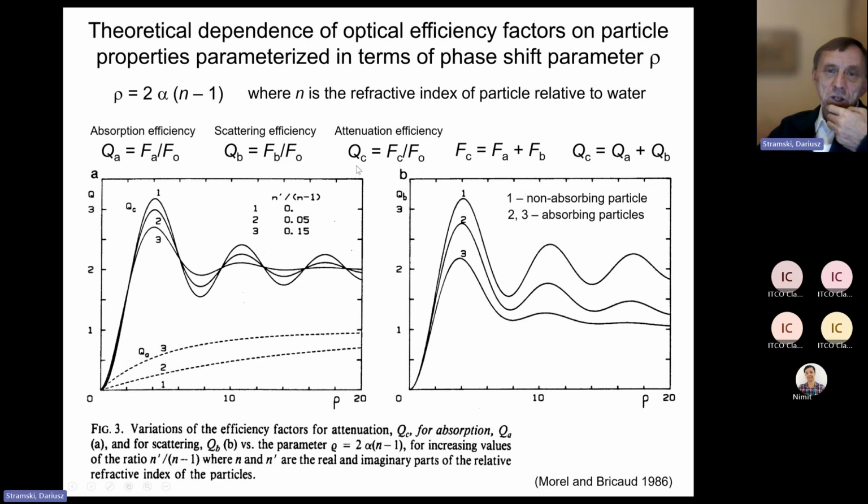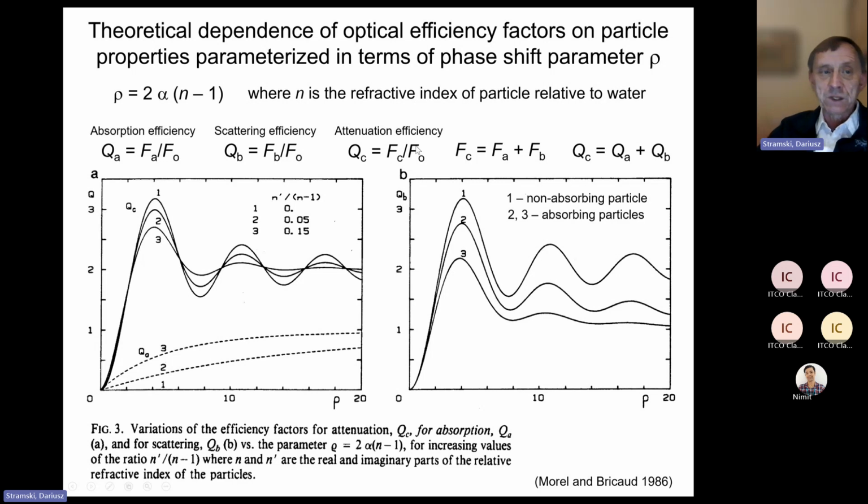So attenuation efficiency is simply the ratio of the power that is being both absorbed and scattered in all directions to the power intercepted by the projected area of the particle. So F_c over F_0 is the attenuation efficiency.